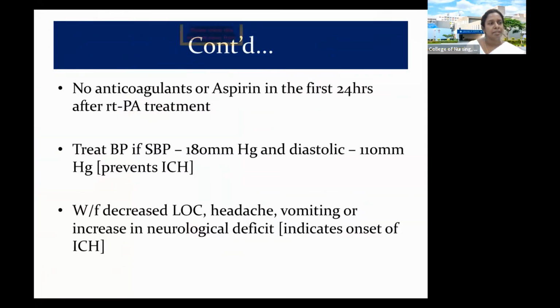Once TPA is given, no anticoagulants or aspirin should be given in the first 24 hours after the RTPA is administered. Treat the BP only if the systolic BP is above 180 and diastolic is above 120 millimeter of mercury. During the administration time, watch for decreased level of consciousness, headache, vomiting, or any other neurological deficit.